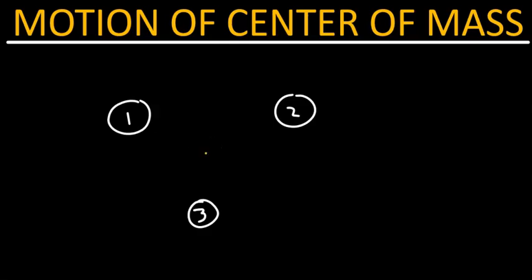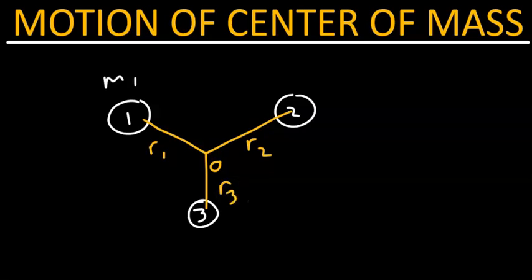They are at some distance from the origin of a coordinate system. Let's assume Object 1 is at distance r1, Object 2 at a distance of r2, and Object 3 at a distance of r3. The mass of Object 1 is m1, mass of Object 2 is m2, and mass of Object 3 is m3.